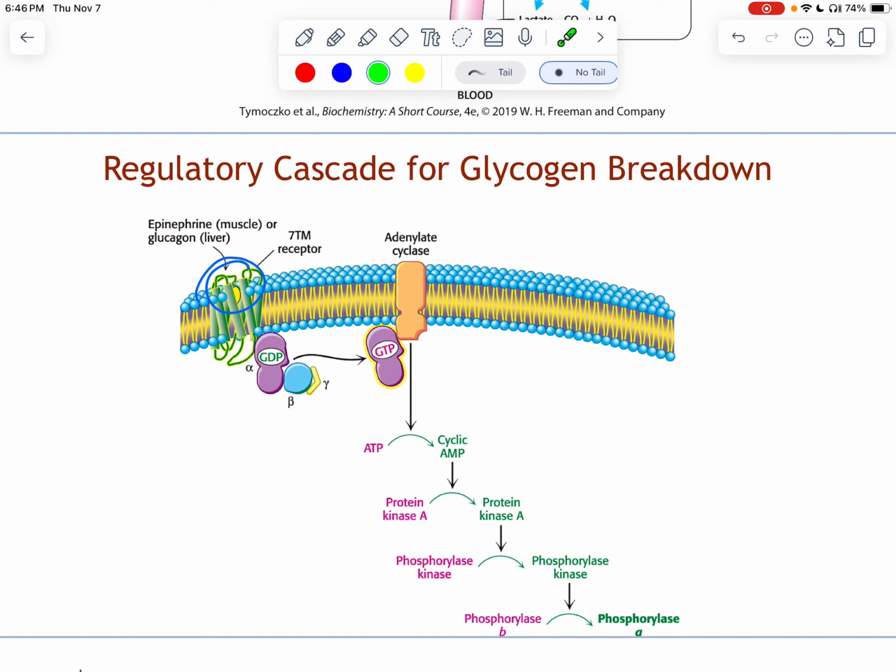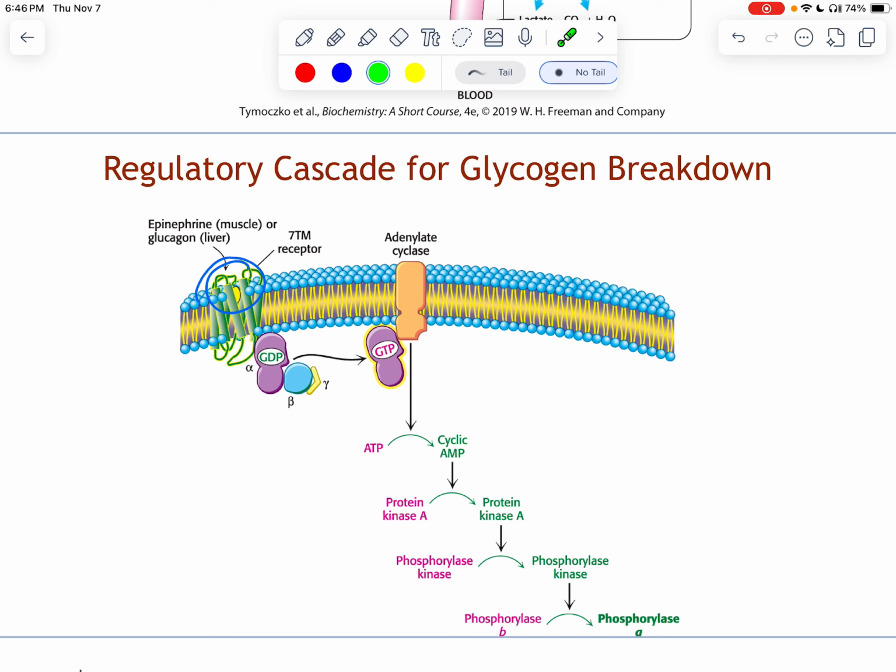Break apart, the GDP leaves, GTP comes in. It activates that adenylate cyclase, which makes the cyclic AMP, which activates the protein kinase A, and that's where we left off before.